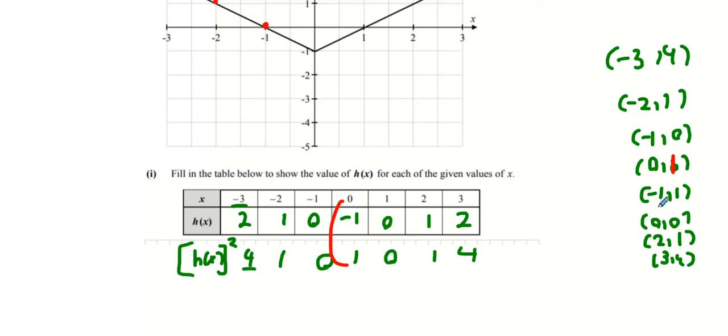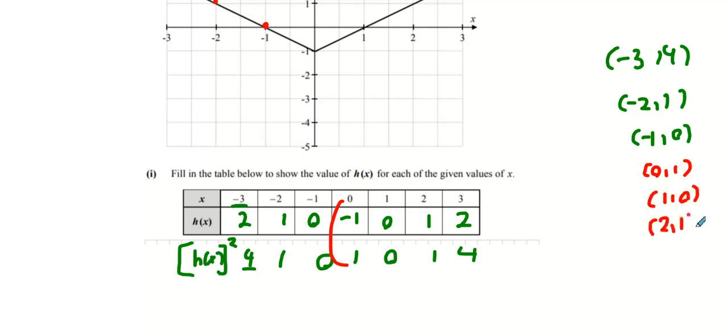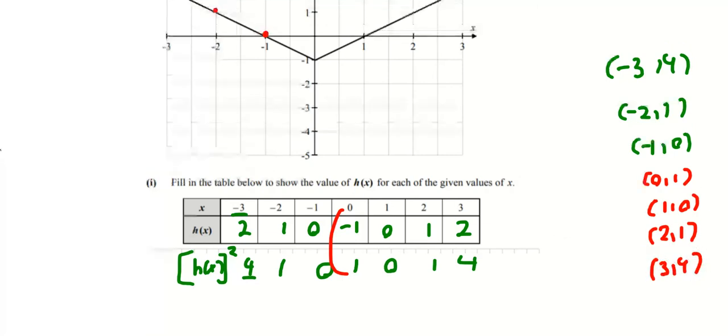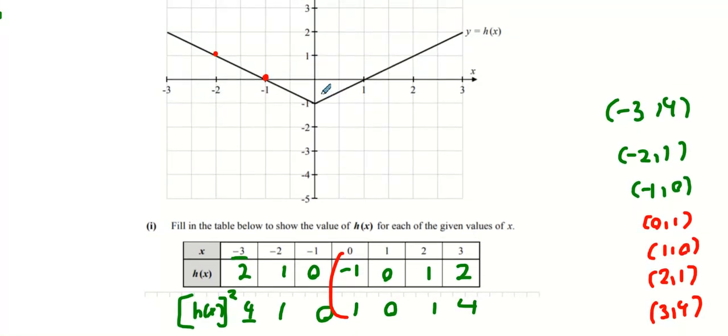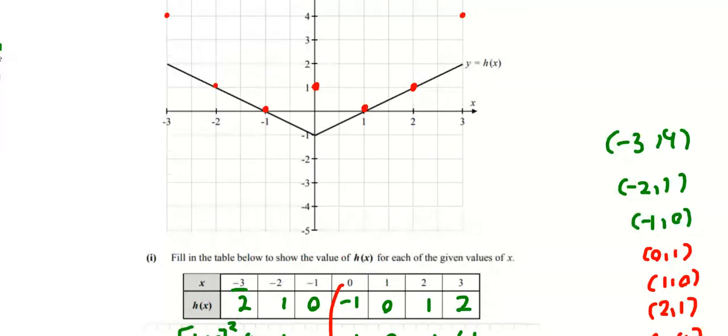Let me do these points again, sorry guys. Minus 1, 0, 0, 1, 1, 0, 2, 1, and 3, 4. So 0, 1 is here, 1, 0 is here, 2, 1 is here, and 3, 4 is up there.